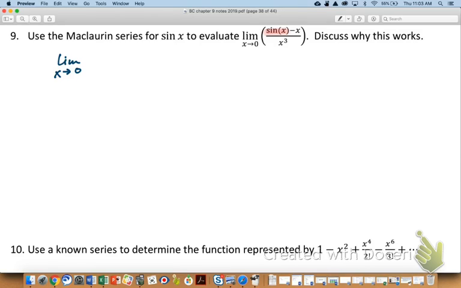I'm going to say that this limit, the original limit right there, is equal to this. So I just put plus ... meaning it just keeps on rolling in that pattern, minus x over x cubed.